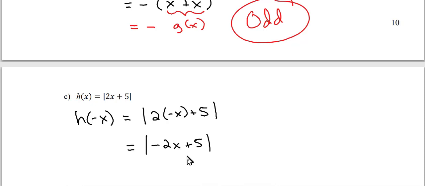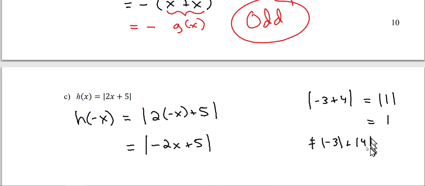This addition in there doesn't work. Let me give you an example. You have the absolute value of negative 3 plus 4. That's the absolute value of 1, which is 1, right? You can't do the absolute value of negative 3 plus the absolute value of 4. That would give you 7, which is not equal to the 1, which we know it is actually equal to. So do not absolute value term by term.